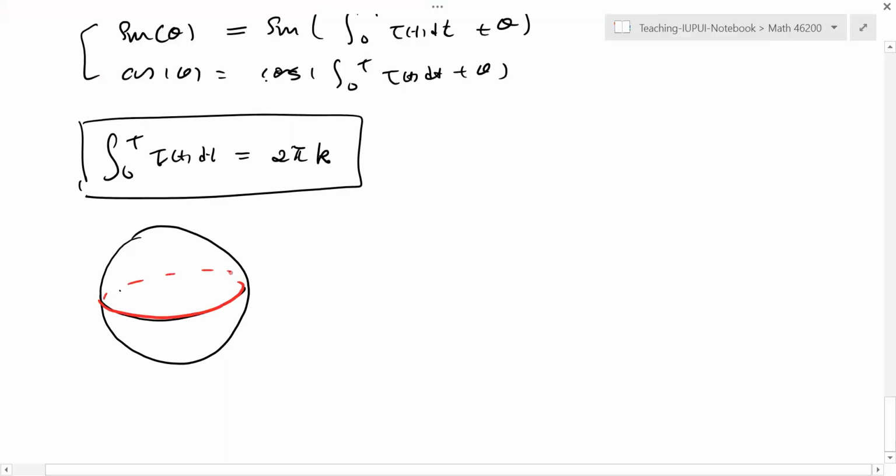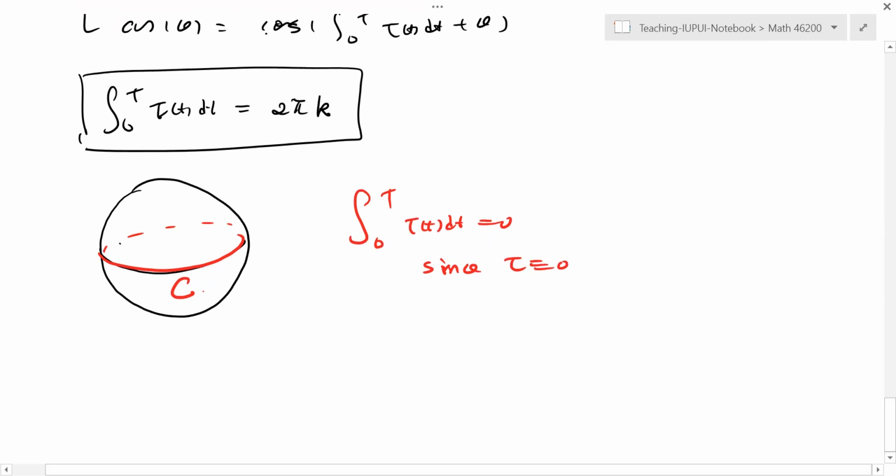So this is the great circle, C, right? So the torsion is 0 since tau is 0, right? And then you deform a little bit, curves like that. I think the total torsion is still going to be 0. The reason is that it can continuously deform to C.